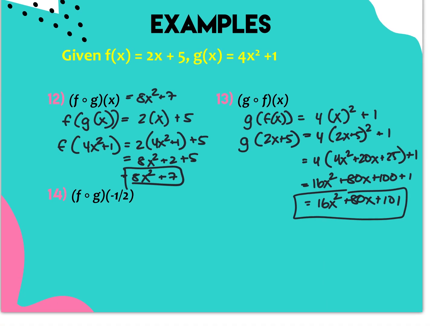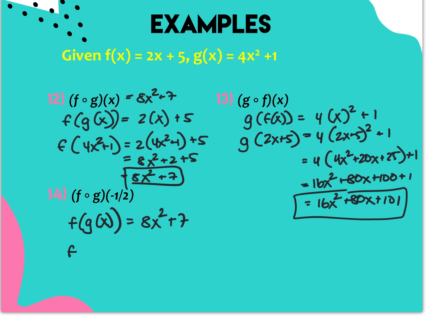And then the last one is, what is f of g of negative a half? And so again, f of g of x, we already solved for that. That was 8x squared plus 7.